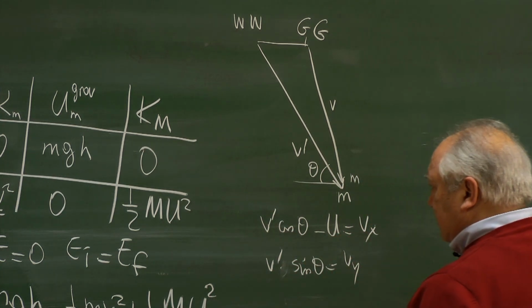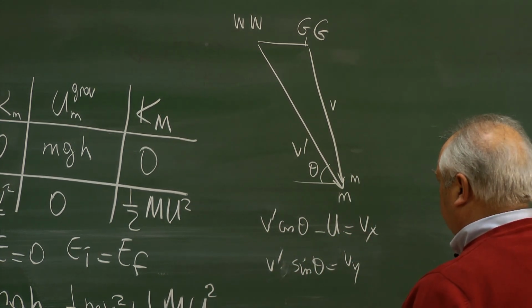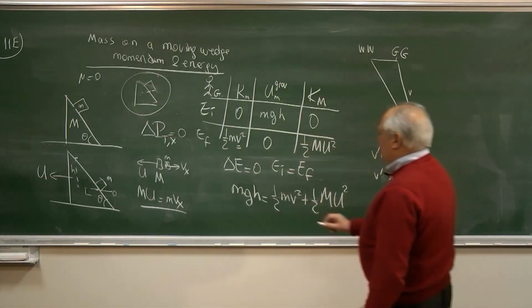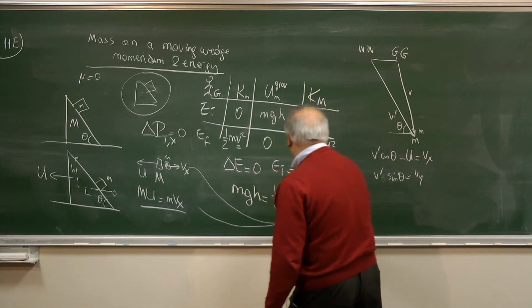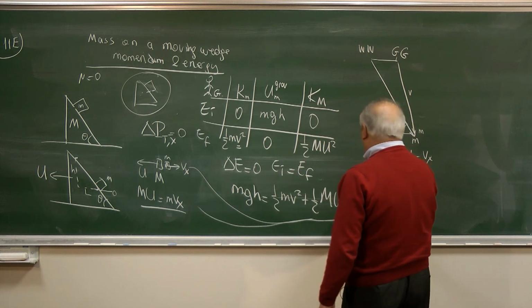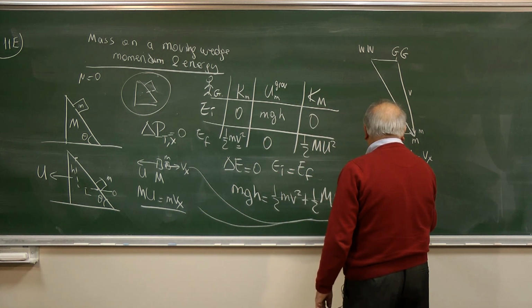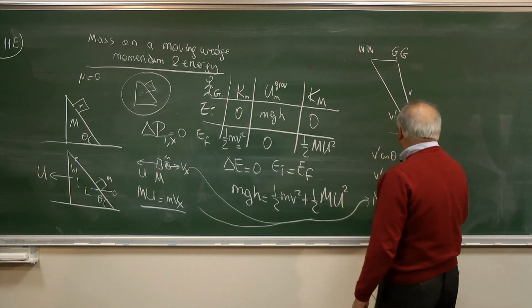So let us write, for example, and also from here and here, for example, Mu is equal to m Vx.